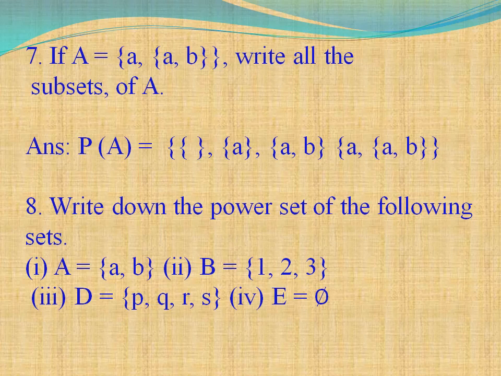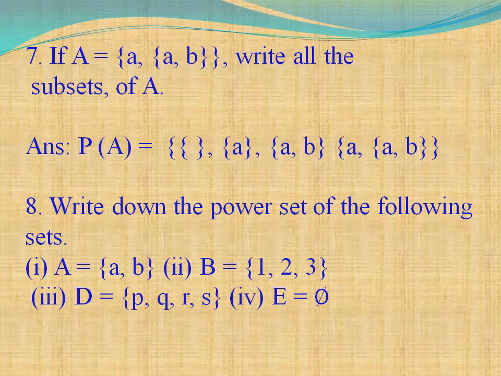In exercise 1.2, 7th sum: if A equal to {a, {a, b}}, write all the subsets of A. Okay, you have to write the subsets of A for this. The power set we can denote as P of A, which is equal to: first we have to write the empty set as a subset, and inside the bracket {a} is one subset, and {a, b} is a separate set.